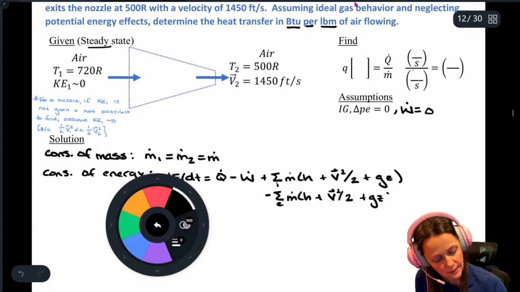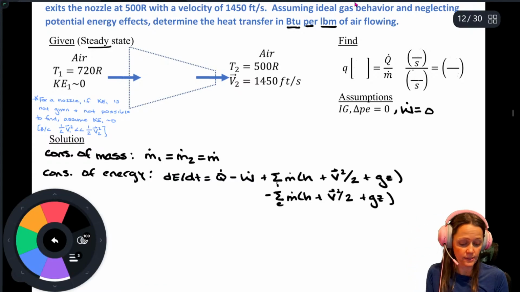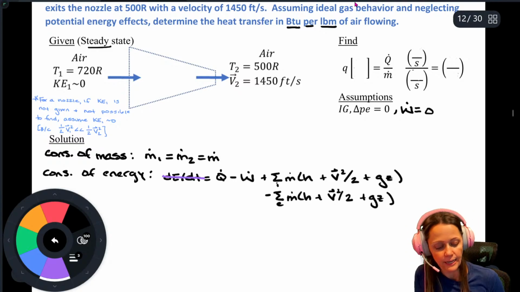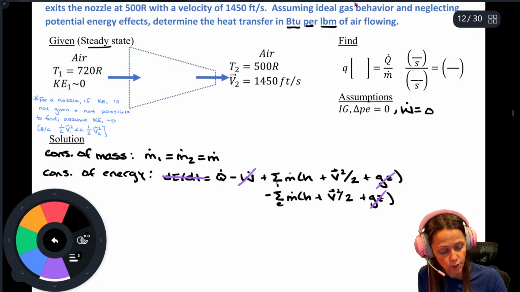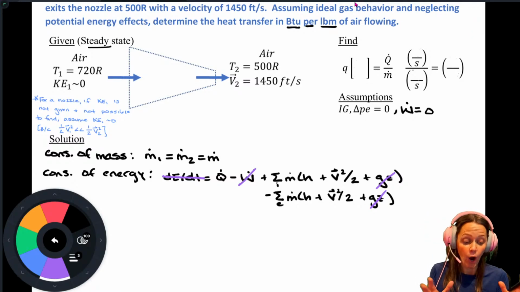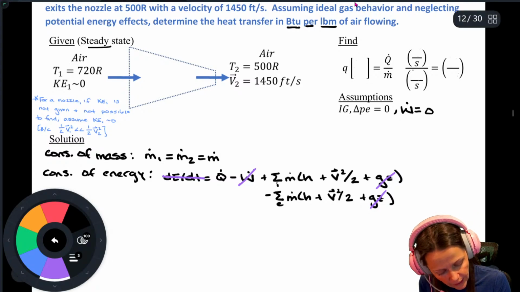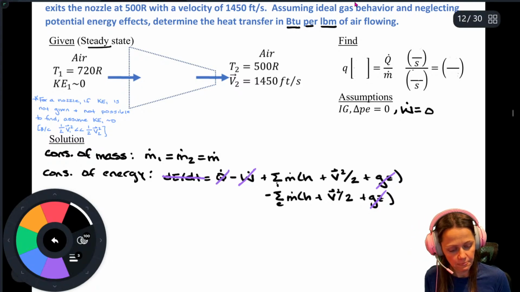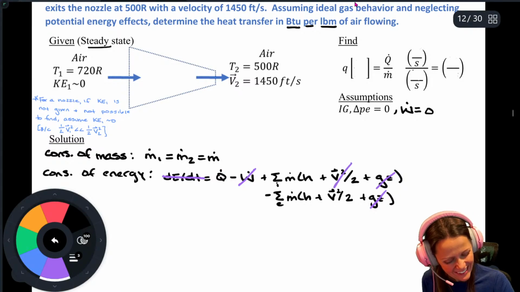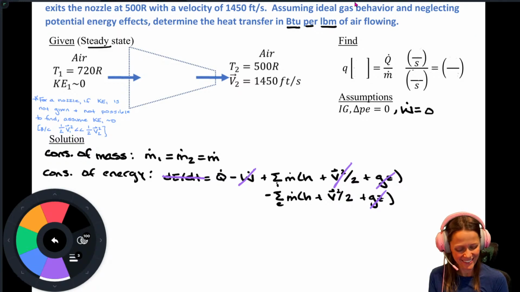Let me cancel out some things. Steady state, that goes away. Potential energy changes, those go away. I don't have any W dot, and they told me that I can ignore the kinetic energy at the inlet because it's not going to change things that much anyway. So let's get rid of that.